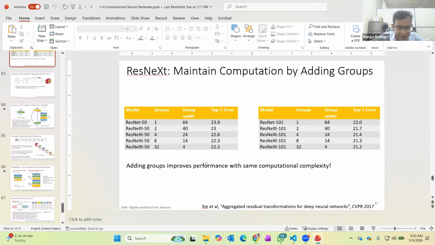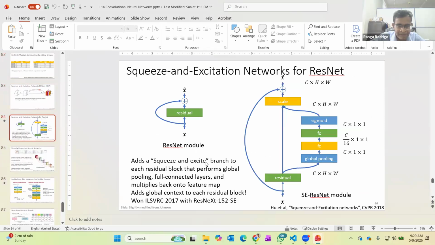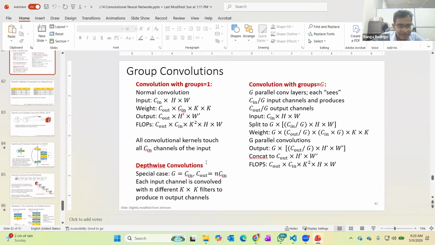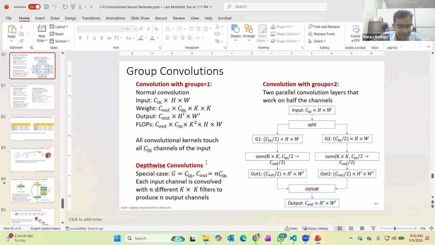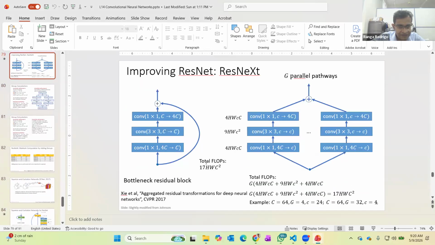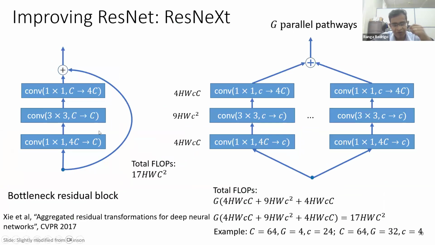With group convolutions, I have to briefly say something because it is an important concept. Here you can see the regular bottleneck residual block.